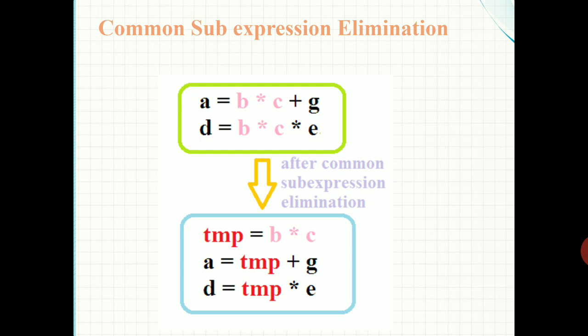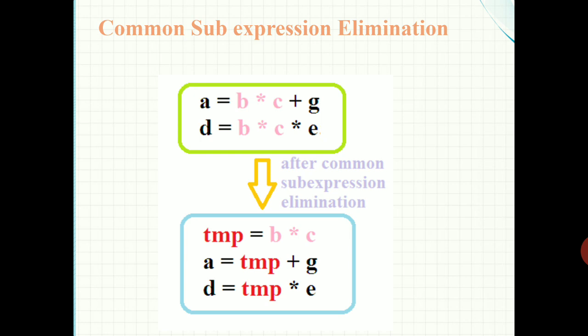So we can perform the expression b star c only once, and we can use it in the upcoming statements. That is the idea of the common sub-expression. Here b star c is the common sub-expression, so it can be computed only once. We can eliminate the recomputing of the expression.